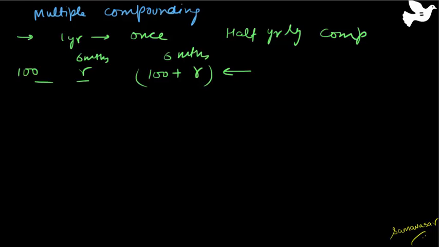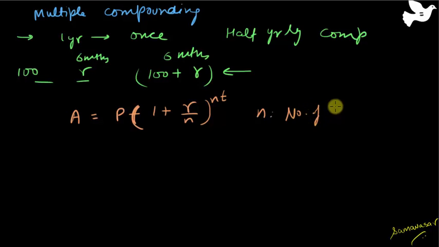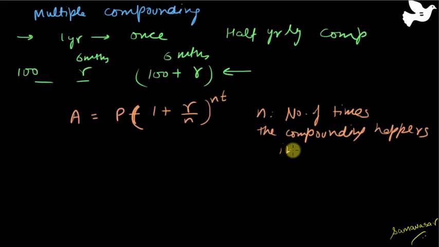This is basically just a very small tweak in the initial formula that we had. The amount in case of multiple compounding is principal multiplied by (1 plus R by N) to the power NT, where N is the number of times the compounding happens in 1 year.